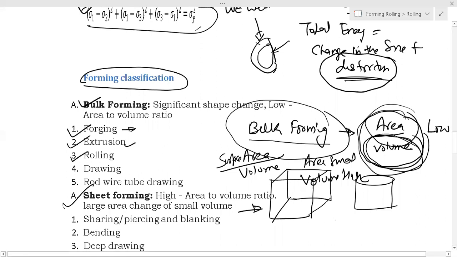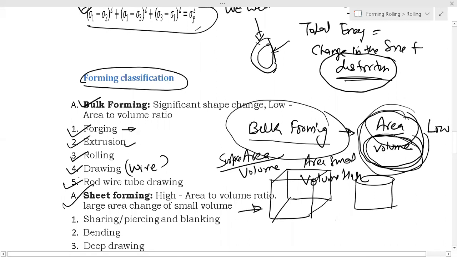Rolling is again a bulk forming process where we compress an ingot into sheet by applying compressive and shear stress. There will be two rolls. Then drawing. Drawing means wire drawing. It is like extrusion, but in extrusion we are pushing the material, and in wire drawing we pull the material.